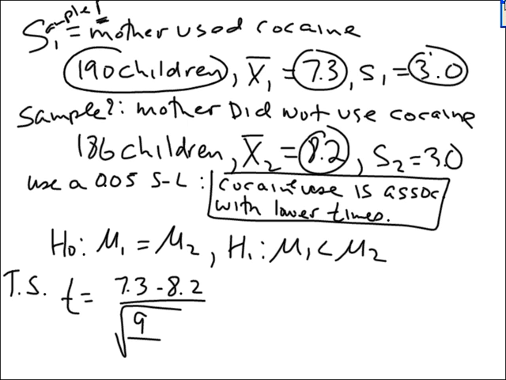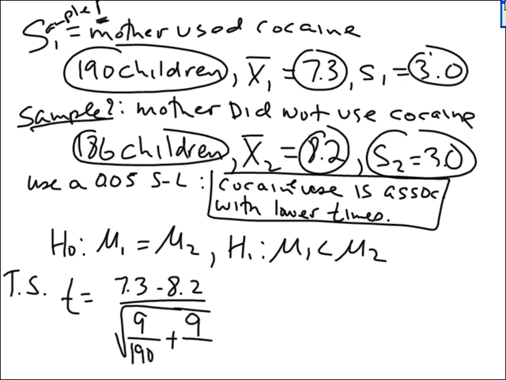The sample size was 190 children, so it's 190, plus s2 squared. s2 is also 3.0. You square it, you get 9. Then you divide it by n2. For sample number 2, there was a sample of 186 children. And you crank this through, and you get some kind of a number. The number is negative 2.908.